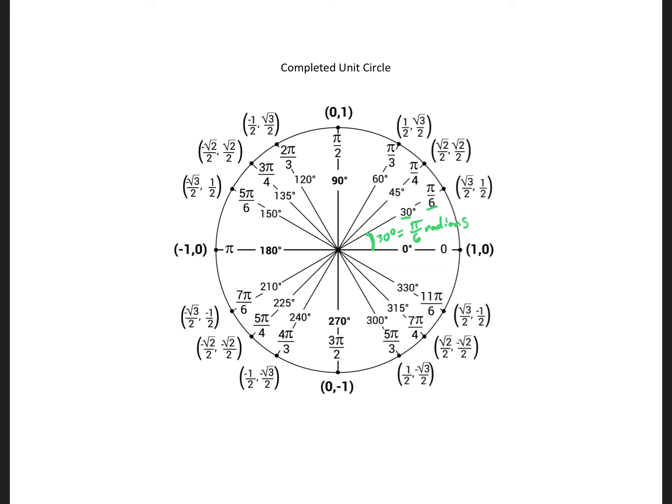And we can now convert from degree measures to radian measures. So now I would suggest printing out this unit circle if possible, or if not, having this available for reference. In the next video, we're going to discuss those coordinates and how they relate to sine and cosine.